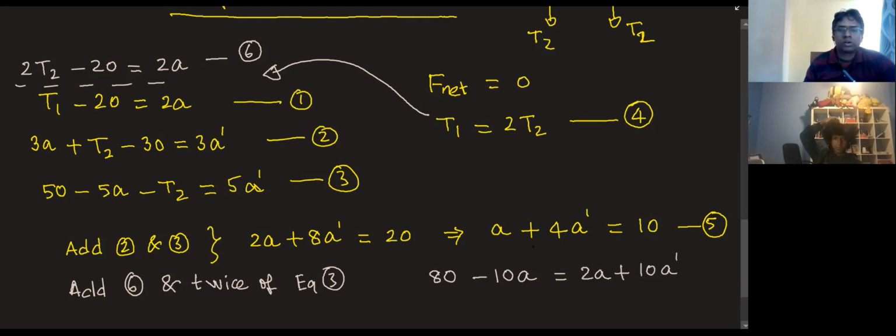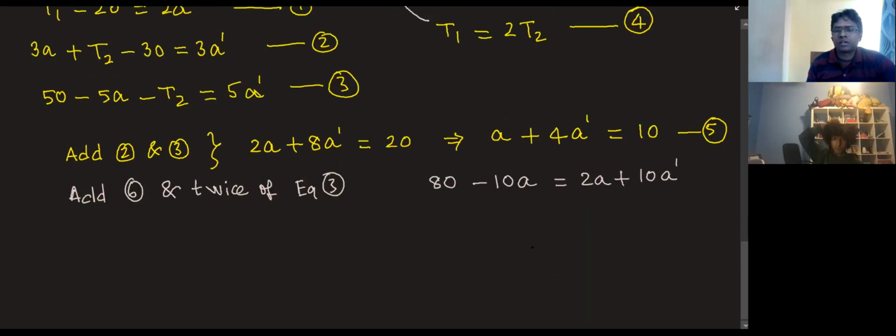Now let's simplify this further. We get 12a plus 10a prime is 80. Dividing by 2, I have 6a plus 5a prime is 40.